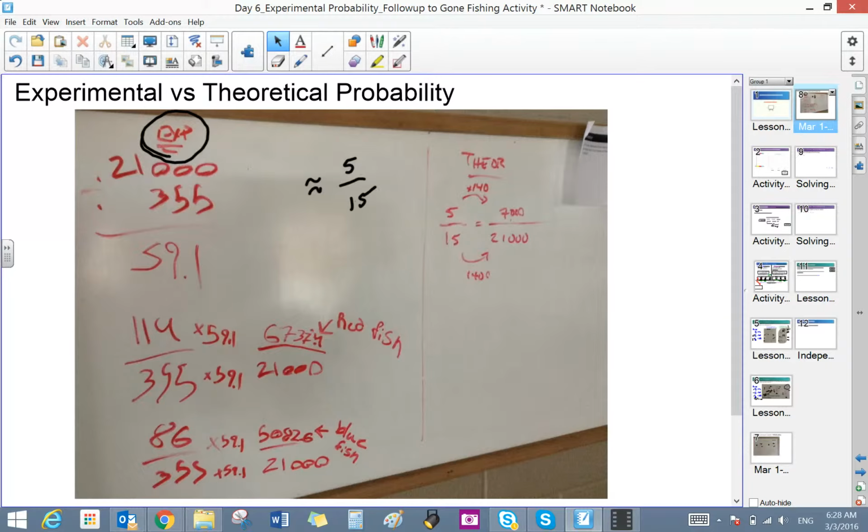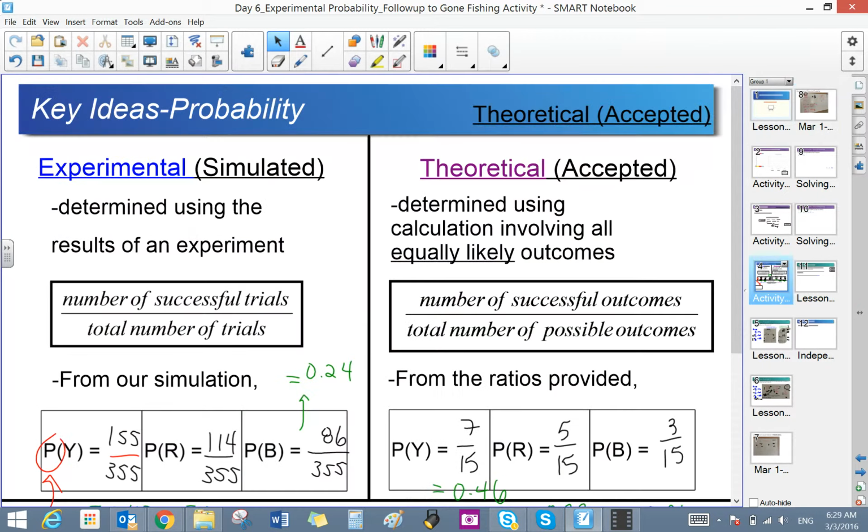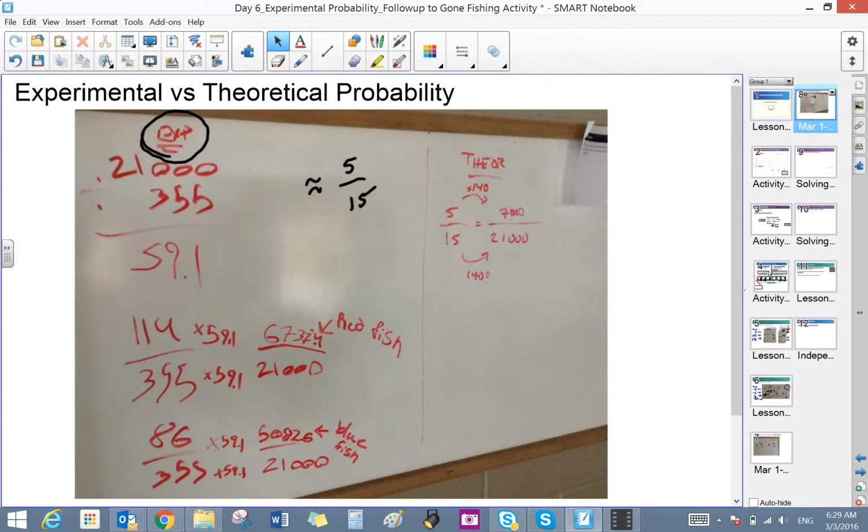So what they've done is they've taken, let's go back and quickly grab a hold of that value. This might be from another, here it is, 155 over 355. So let's have a look at that. I guess this must be from the second class's data because the 114 is here.